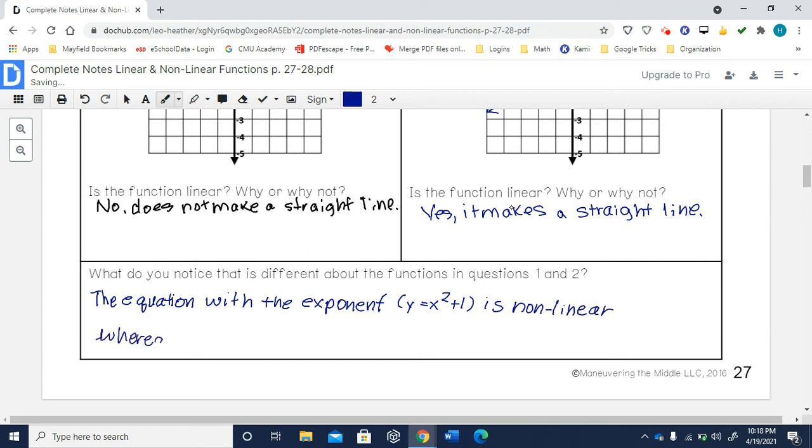Whereas the one without a numbered exponent is linear. And that is y equals half of x. That's really the big difference, and that's actually why both of these, one is nonlinear and one is linear.